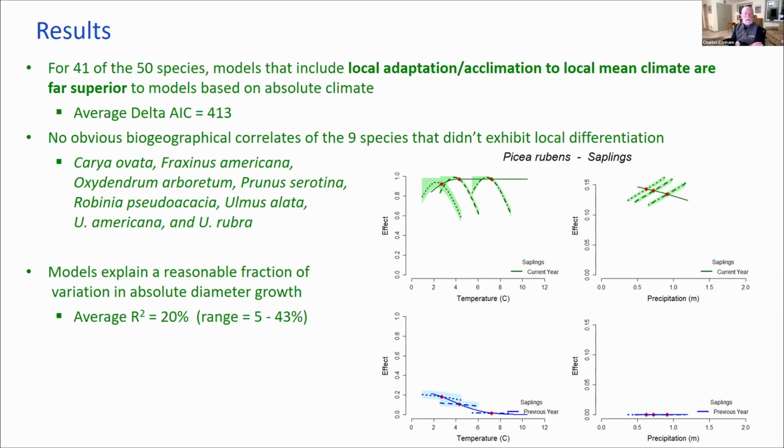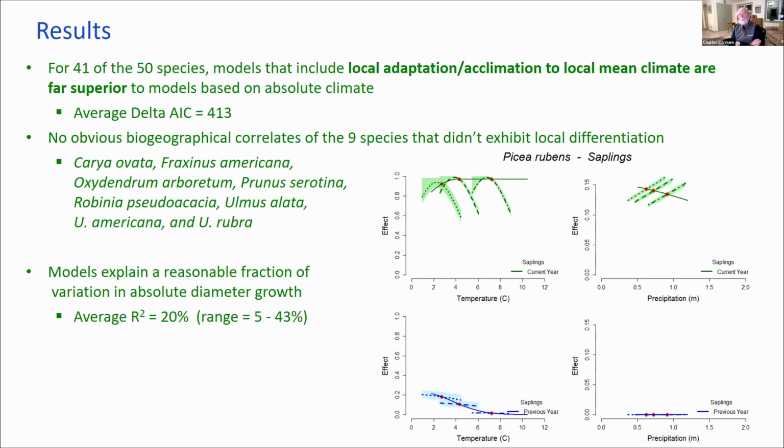In red spruce saplings, the main effect of temperature is in the current year and very little effect of previous year. But there is very little variation in red spruce sapling growth across a temperature gradient when temperature is at the long-term mean. On the other hand, there is a fairly tightly adapted local response to temperature, with saplings doing better when temperature is slightly cooler than the long-term mean at a location.